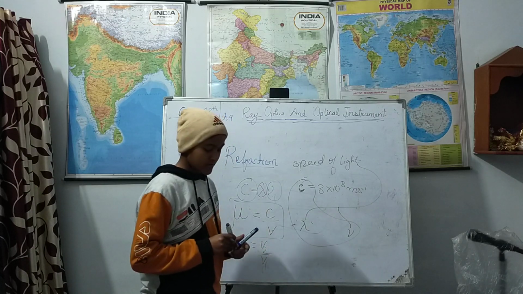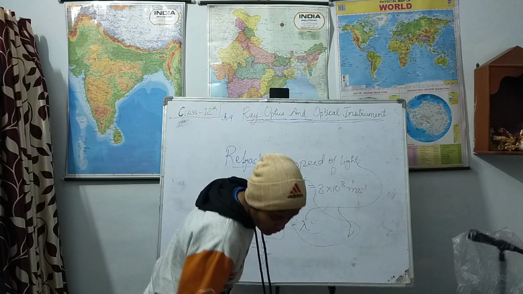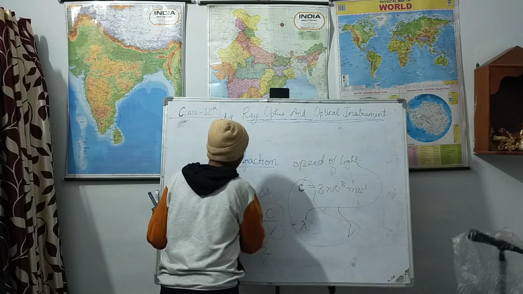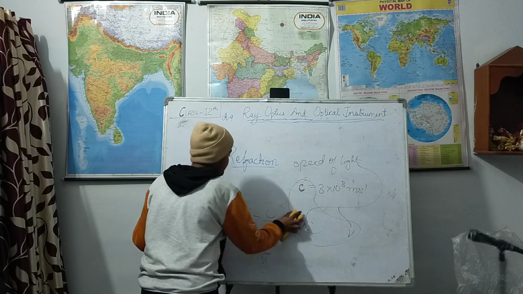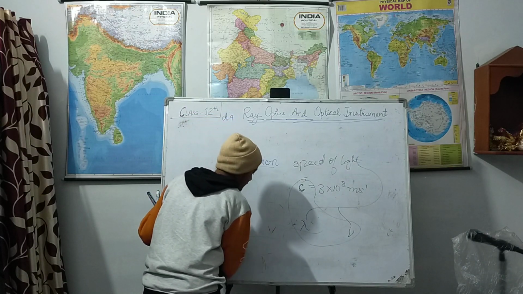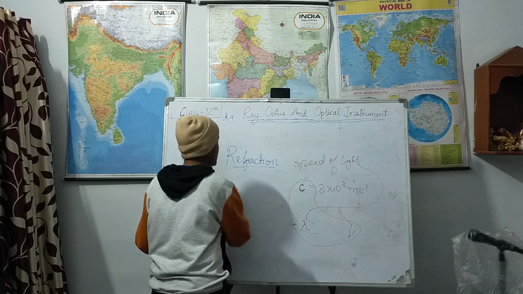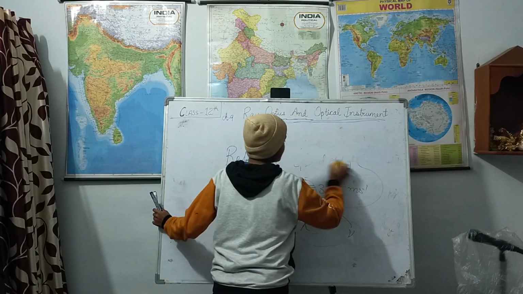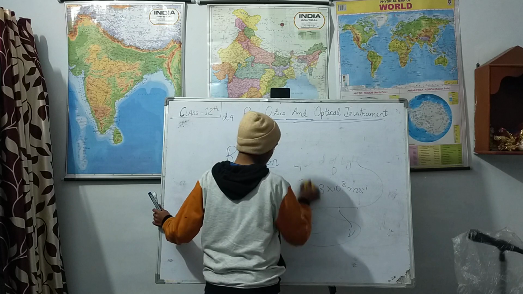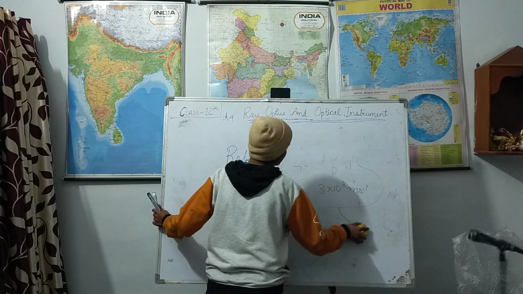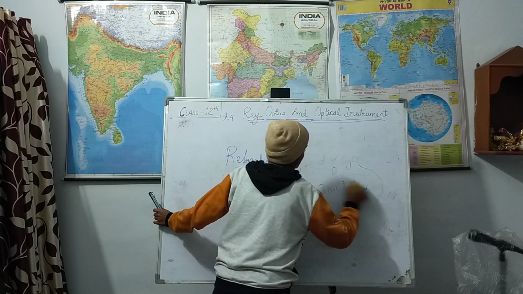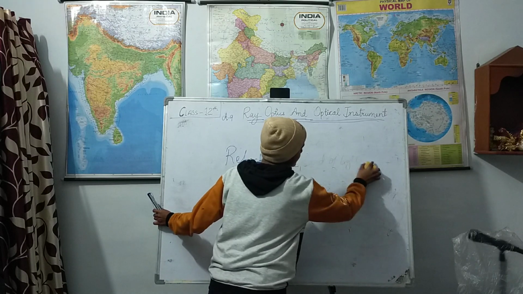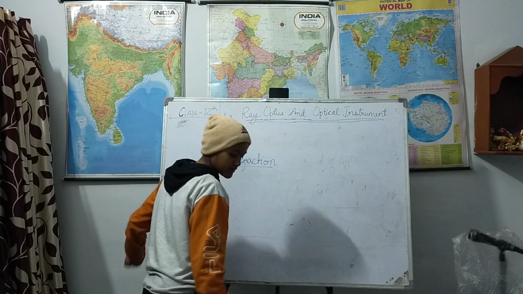And after that we will understand the two laws of refraction. The first law of refraction is very simple. We already know it, we have studied it right now. And the second law is a little bit new.